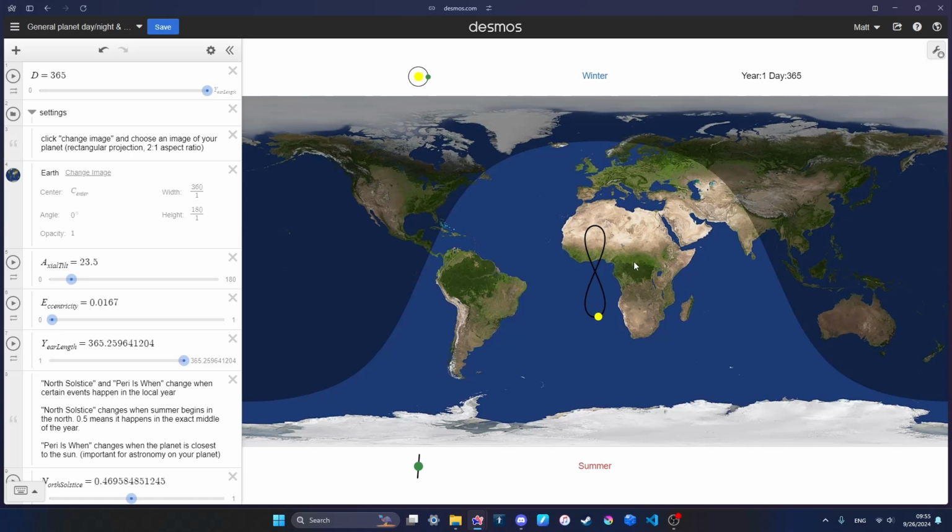Basically, if you were to look at the Earth from the sun, because the Earth is a circle, from that distance you can basically just see a circle of Earth, and it slowly makes a weird motion. But if you were to draw a point on the very center of that circle and watch that point move across the Earth's surface, that path is the analemma that you're seeing right now. And this is not what you would see when looking at Earth. It is close, but in the northern hemisphere, this upper lobe is a lot shorter, and in the southern hemisphere, this is longer, and this midpoint is nowhere near the middle.